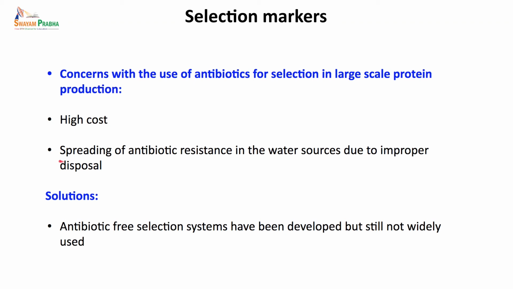Secondly, if a proper disposal technique is not employed, then one can spread this antibiotic resistance into the water bodies, which is a very big problem because of environmental concerns. So the solution to this is to use antibiotic-free selection systems. Many such selection systems have been developed, but they are still not very widely used, at least for laboratory scale protein production.